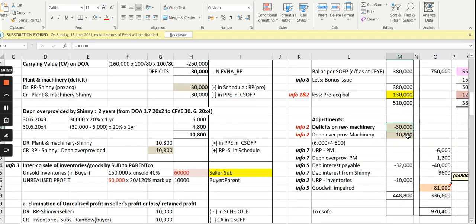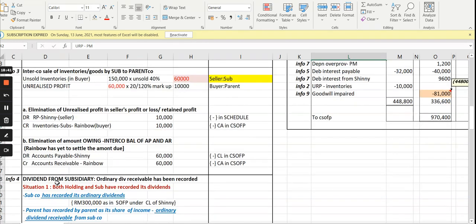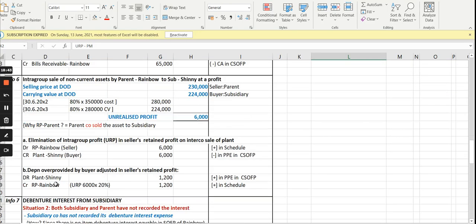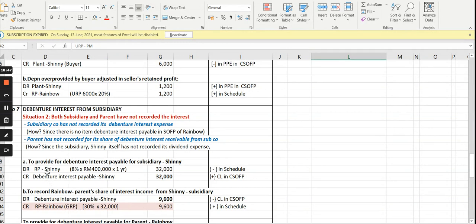The depreciation was 10,008. Then you have all the information that were already done. So you need to transfer one. Information number 7, for example, is on unrealized profit, where you go and transfer that by debiting the retained profit 32.